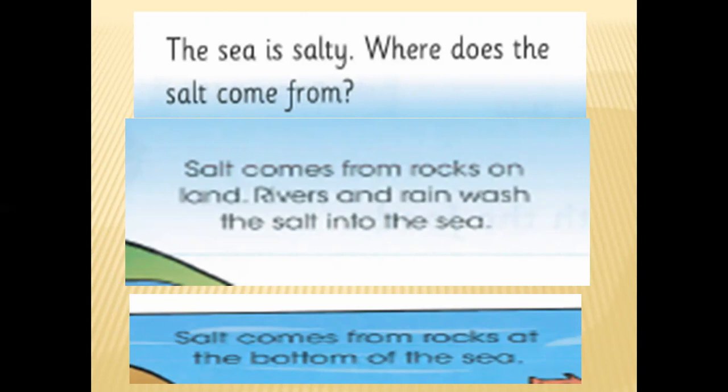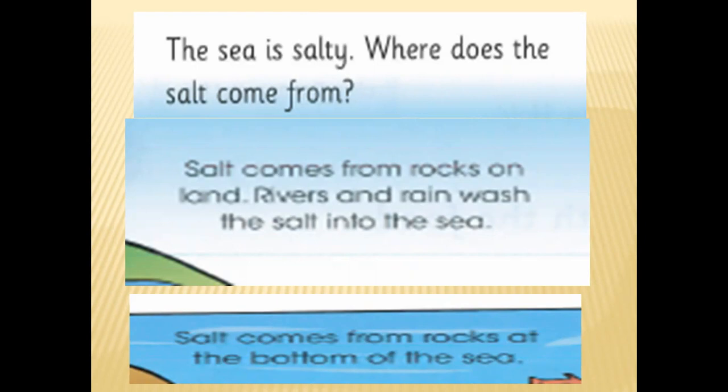And in today's class, we are discussing the same, why the sea water is salty. The sea water is salty because salt comes from the rock. River and rain wash the salt into the sea.